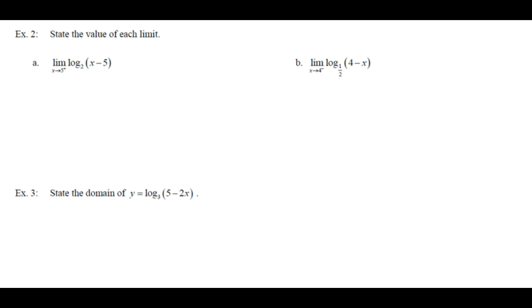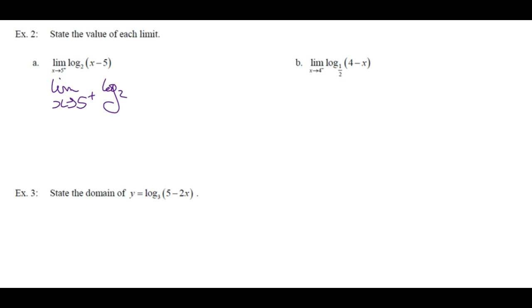So we are going to have the limit as x approaches 5 plus of log base 2. If I put in a number that's above 5 but approaching 5, what kind of number is x minus 5? A small positive number.